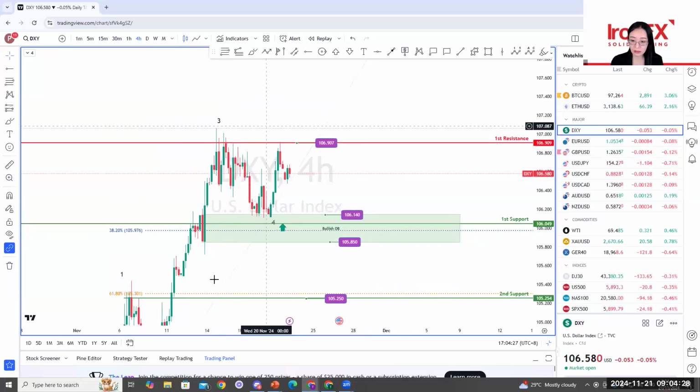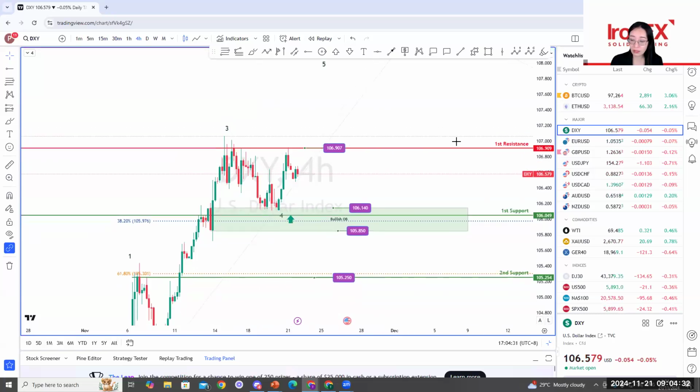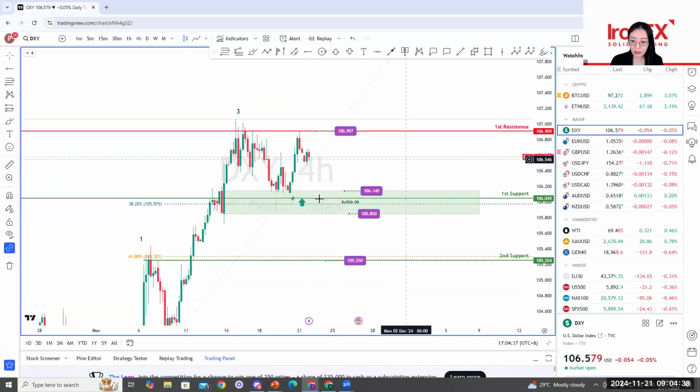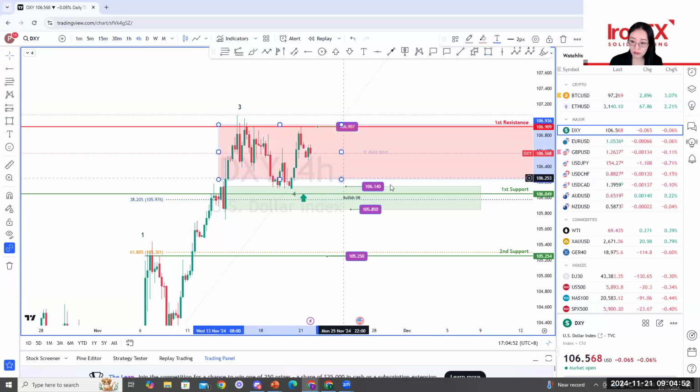I highlighted the zone here quite some time ago. Now for the dollar, based on the H4 time frame, price is at the resistance level over here, and over here I highlight the bullish order block. You can see that price is falling here, tapping into the bullish order block and then bouncing. So based on the H4 time frame, price is just ranging.